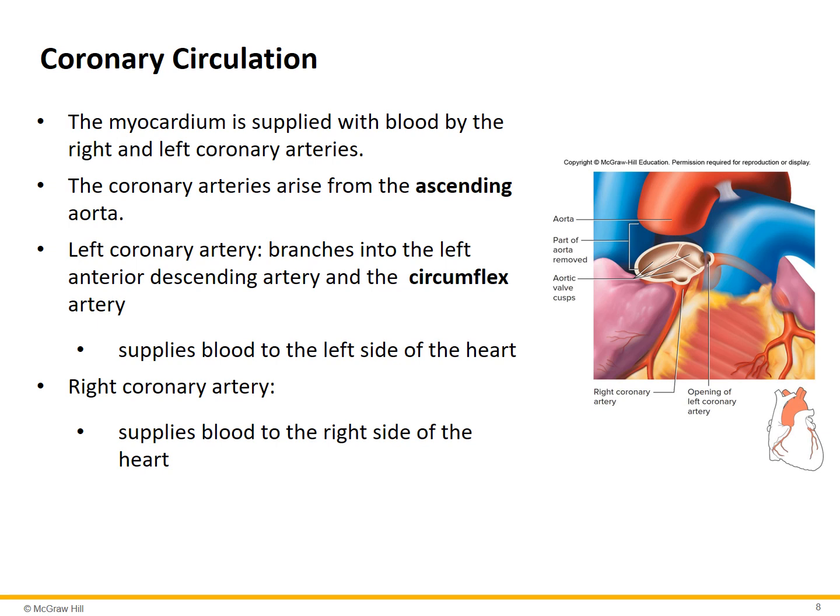So the left coronary artery branches into this left anterior descending artery and the circumflex artery, because the heart's not flat, it's round, and the circumflex artery is going to flip around the back side. This supplies blood to the left side of the heart, and then the right coronary artery is going to supply blood to the right.